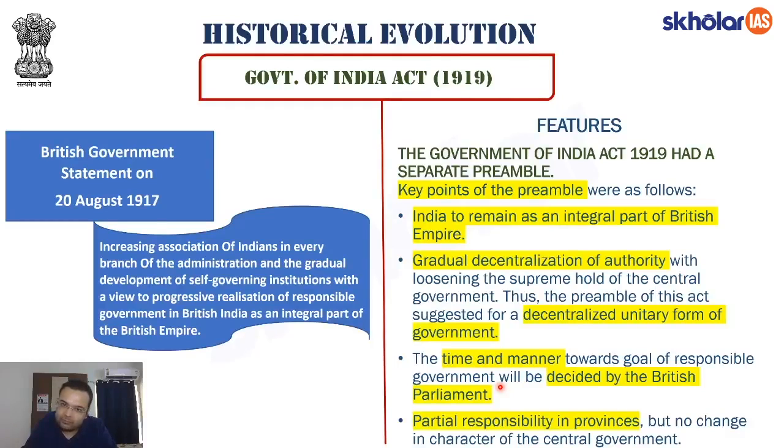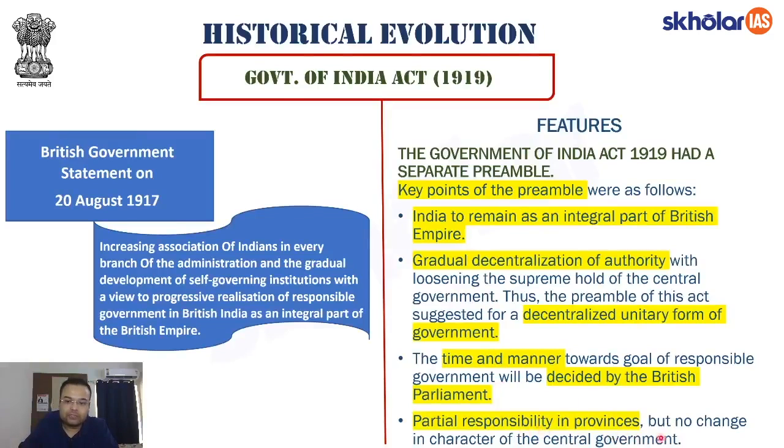What exactly will be the manner in which they move from today's centralized model to a decentralized model? The time and manner will be decided by them. You cannot force them to give a deadline or a time frame. It will be up to the wisdom of the British Parliament to decide the time and manner in which decentralization of powers will be done, in which the idea of creating a responsible government is being met. I hope this point is clear.